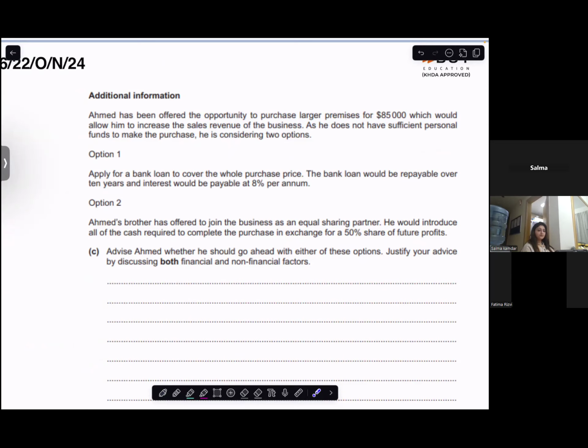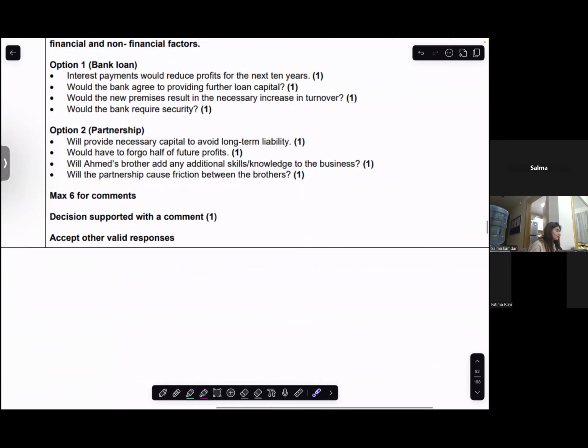Now over here, Ahmed has an opportunity to buy larger premises, and he does not have money, so he can either take a loan or he can ask somebody else to come into the business. Which option should he choose? Advantages and disadvantages of both.